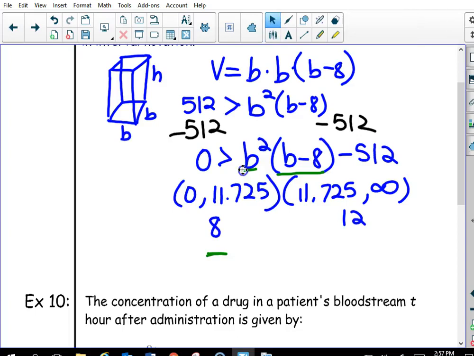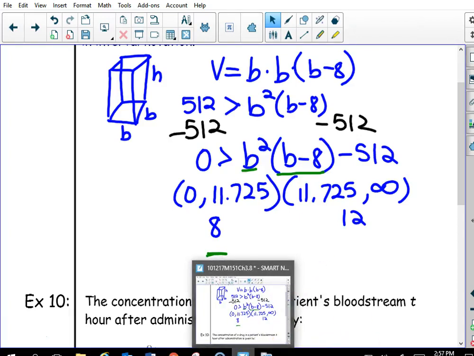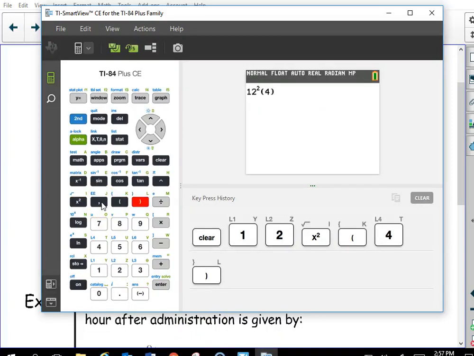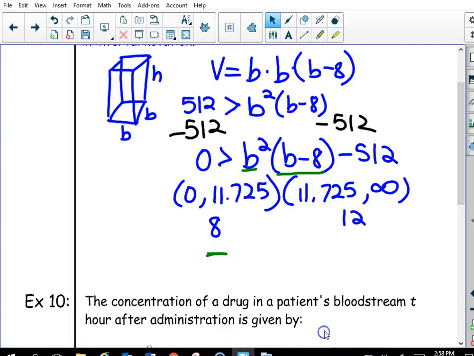And we'll go to the calculator, so 12 squared times 4, because 12 minus 8 is 4, minus 512. And that's a positive number. Good. That means my analysis is probably correct.